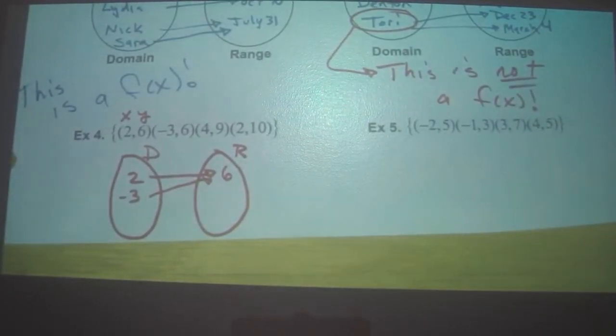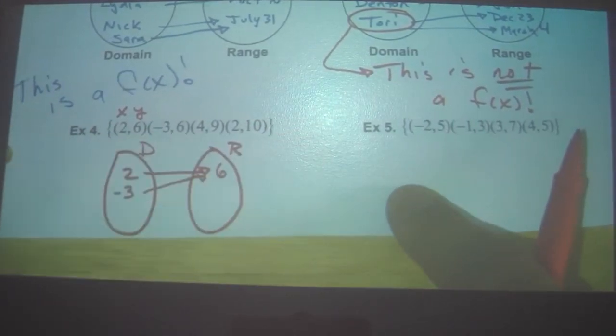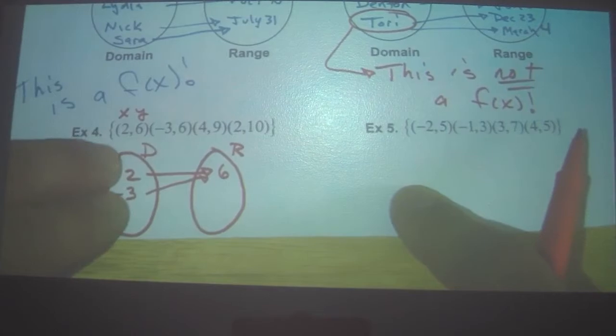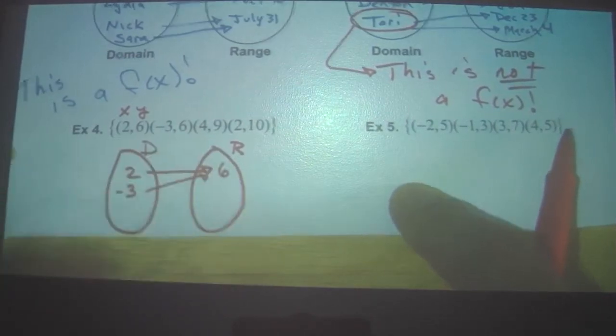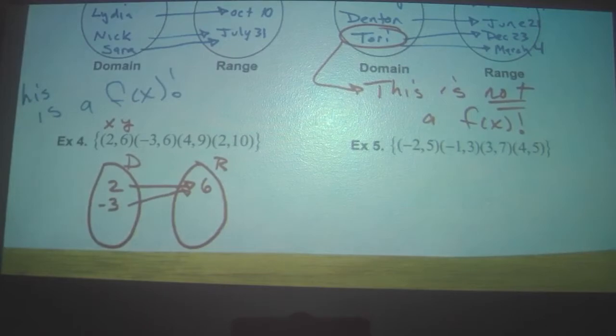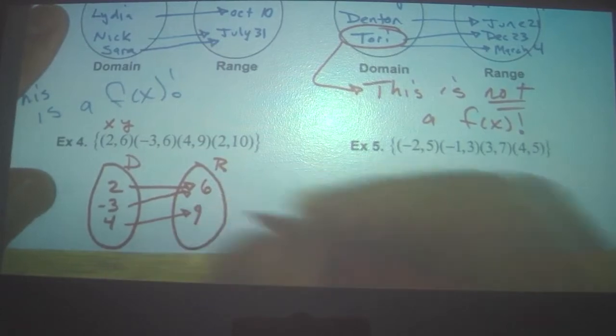Now, before we go any farther, is it okay that 2 goes to 6 and -3 goes to 6? It is okay for these 2 people to have the same birthday. Is that normal? What do you guys say? Devin's giving double thumbs up. That is normal. So we're fine. 4 goes to 9.